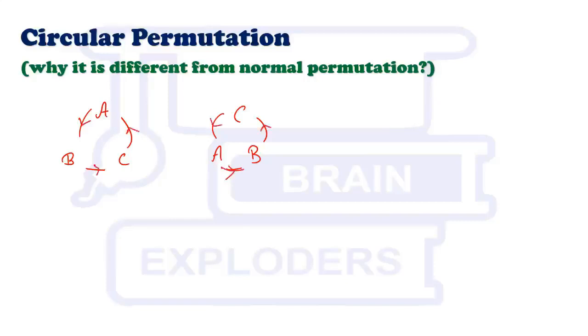So in circular permutation, both of these permutations will be treated as one. These are not 2 permutations, it is 1. These are the same, and similarly we can write A, B, C also. If we want to make a difference, then we have to get another sequence. After A there should not be B, there should be C. So this one is a different permutation. This is how a circular permutation is different from a normal permutation.